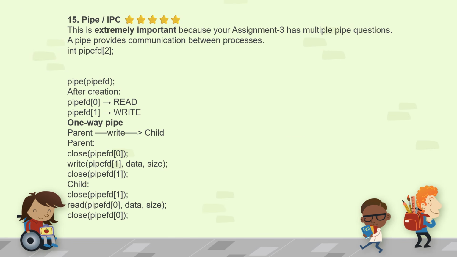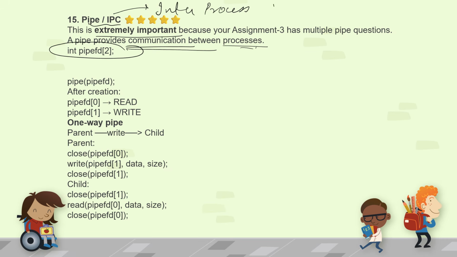Similarly, now let's understand pipe or IPC. This is extremely important. A pipe provides communication between processes, where we create a pipe FD array. IPC stands for inter-process communication.